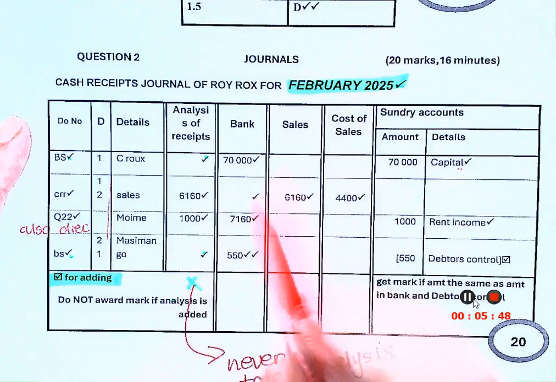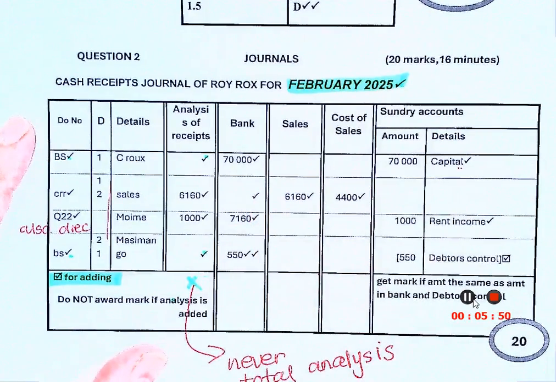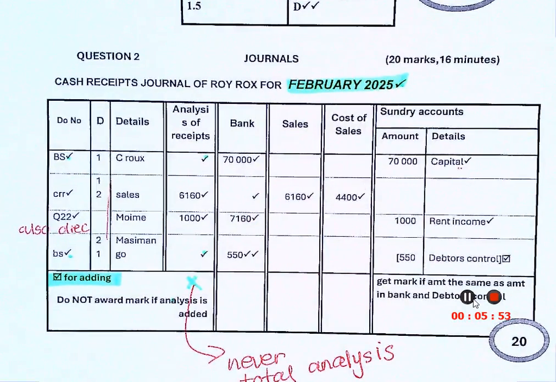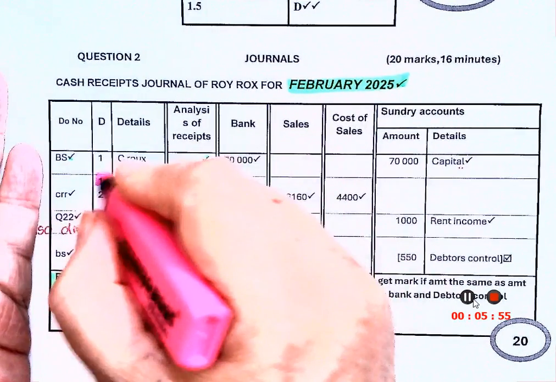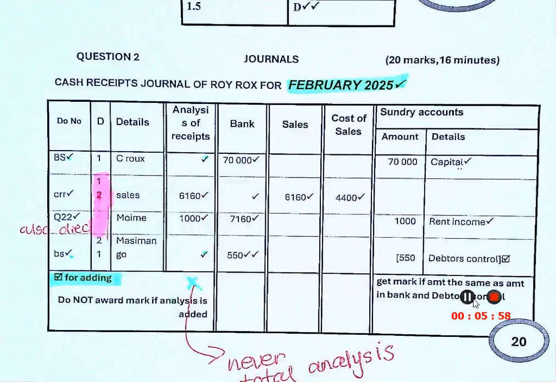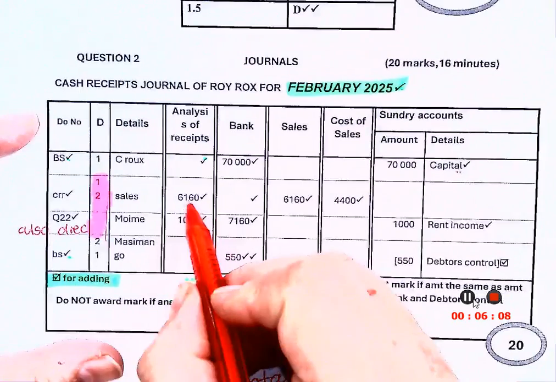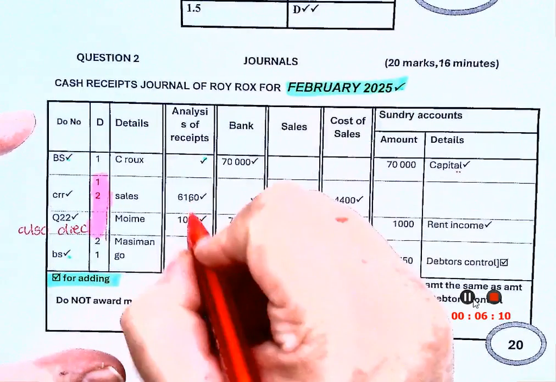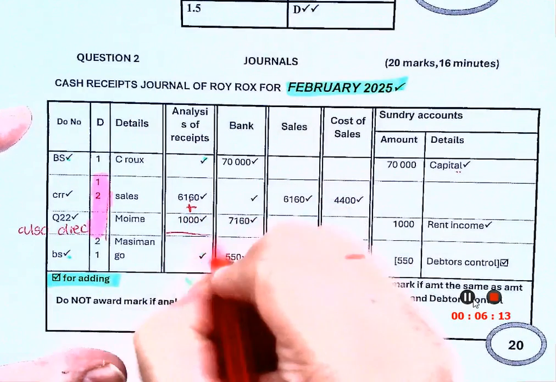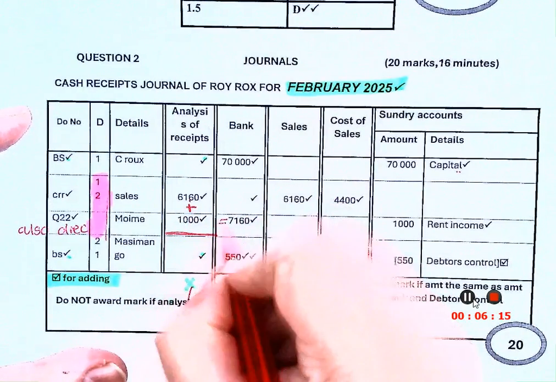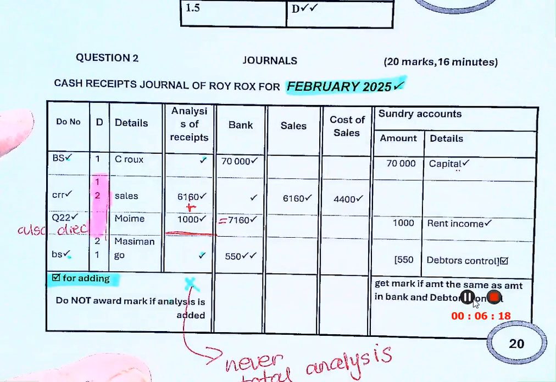And the reason why I didn't write in bank is because if you look at this, can you see that these transactions both happened on the 12th? So how many times a day do I go to the bank? Once. So what I did is I took that 6160, I added the 1,000, and it gave me the 7160, because that's what I take to bank. Okay. So next time you're going to remember that. Yes, baby.